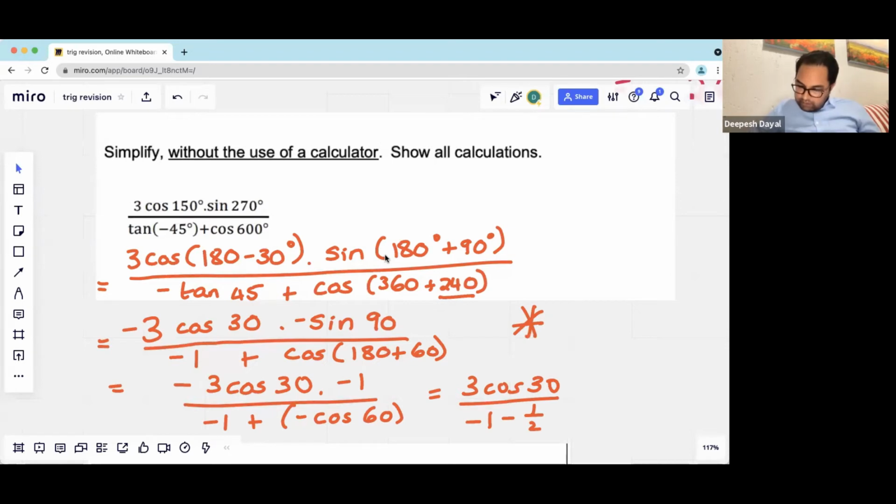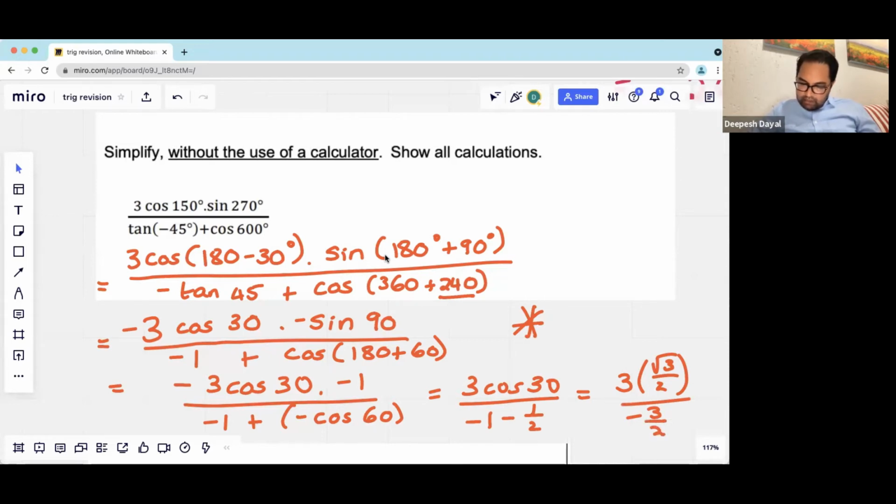Okay. So 3 cos 30 will then become 3, and then according to your special angles diagram, cos 30 is square root 3 over 2, over minus 3 over 2.